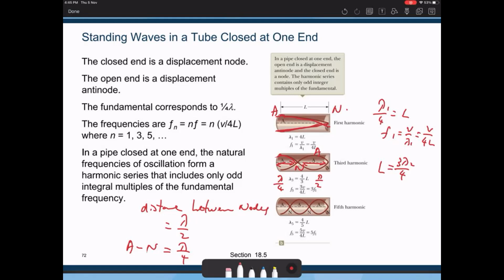What is the corresponding frequency? For this case, the frequency is equal to V over lambda 2, and that is equal to, let me see, L is equal to 3 lambda over 4, so lambda is 4L over 3, and the frequency is 3 times V over 4L.